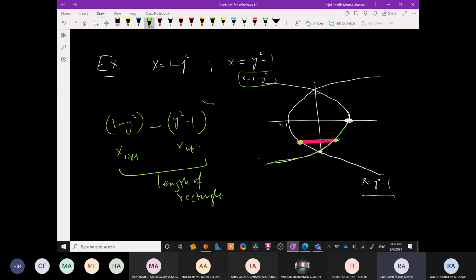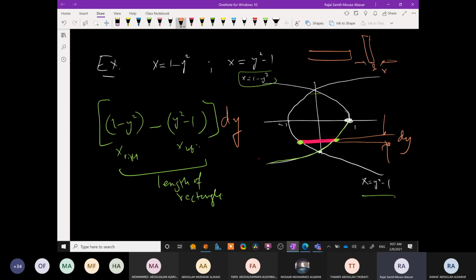And what happens if I multiply this whole thing by dy? Because now this has a width of dy, not dx. That is nothing but a dy, and I'm integrating with respect to y.